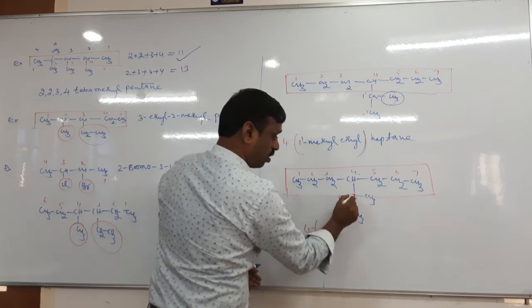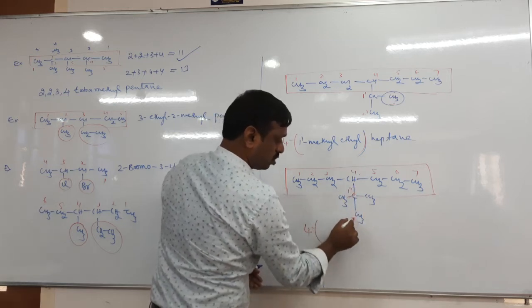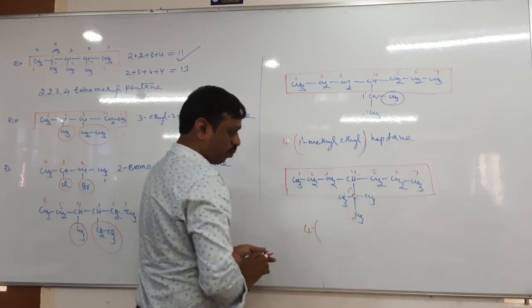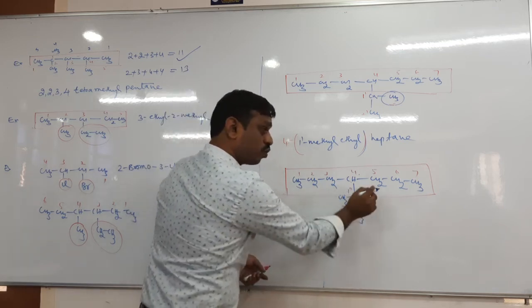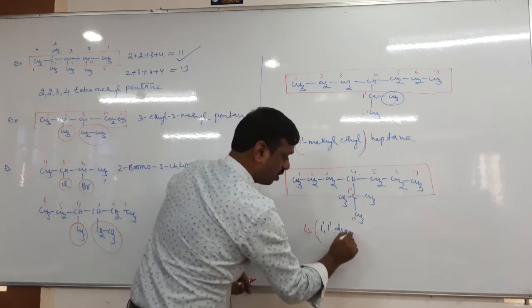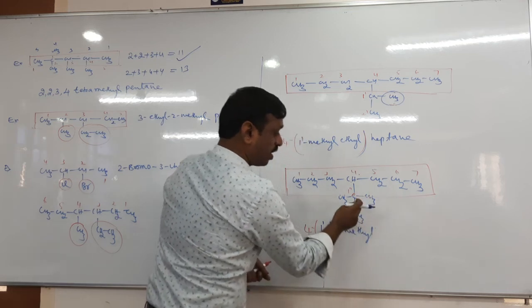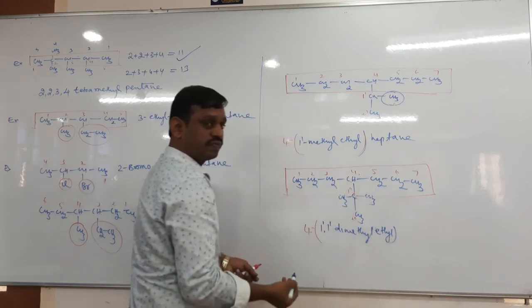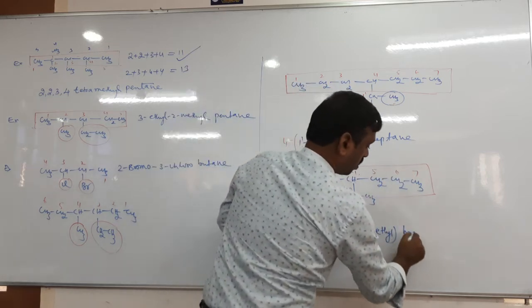This is 1 prime, this is 2 prime. On 1 prime there are 2 methyl groups, therefore 1,1-dimethyl, and the remaining is ethyl. Then heptane, 7 carbon.